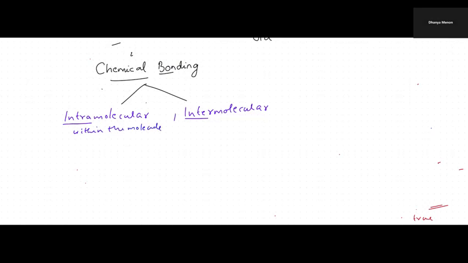Now, in intramolecular, what happens? These forces of attraction keep the atoms together. These are strong forces of attraction. They keep the atoms together with strong bonds. There are strong attractive forces between the atoms that keep the atoms together. Okay, so these are forces of attraction within the molecule.